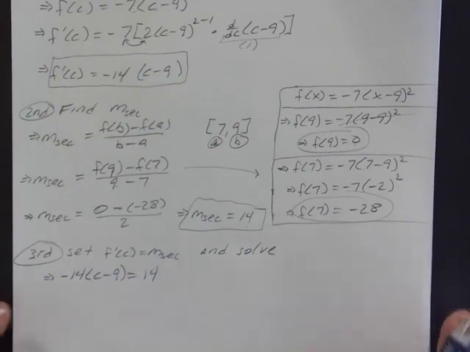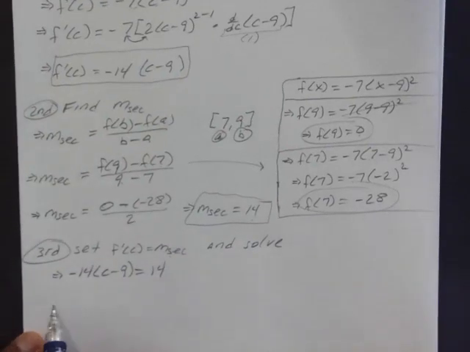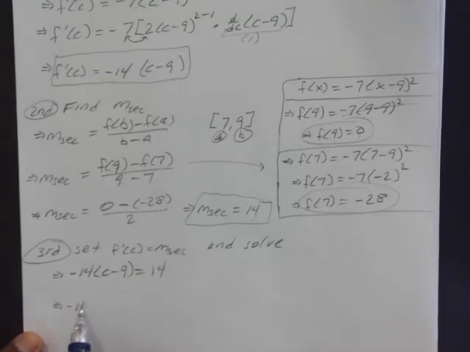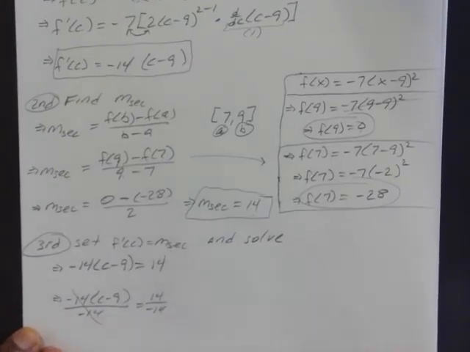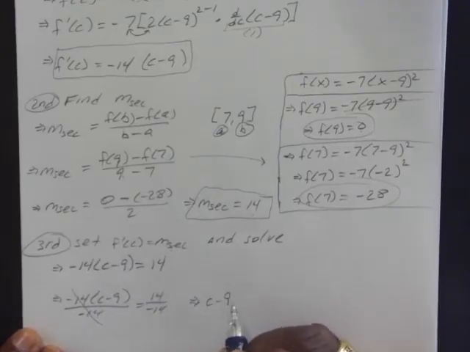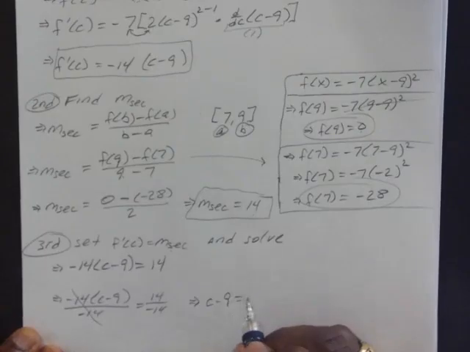If we divide both sides by negative 14, those two cancel out, and we have c minus 9 is equal to negative 1.